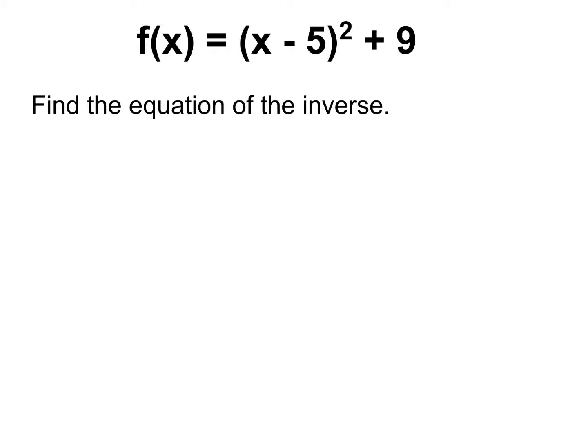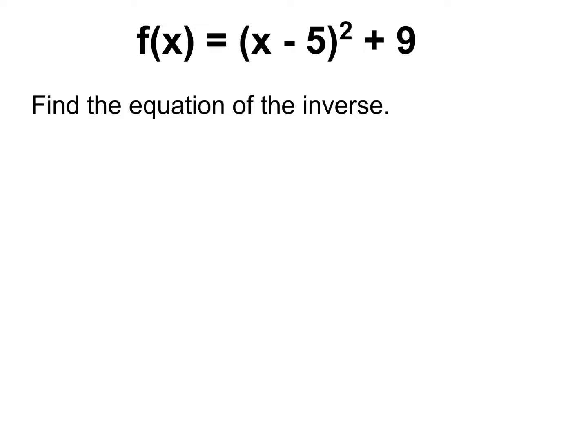And as you're looking at it, if you're sitting there staring at it wondering how to go about that, remember the basic idea of an inverse. The fundamental idea of an inverse is that you switch x and y. Wherever there was an x, there's now going to be a y, and wherever there was a y, or in this case f of x, there will now be an x.